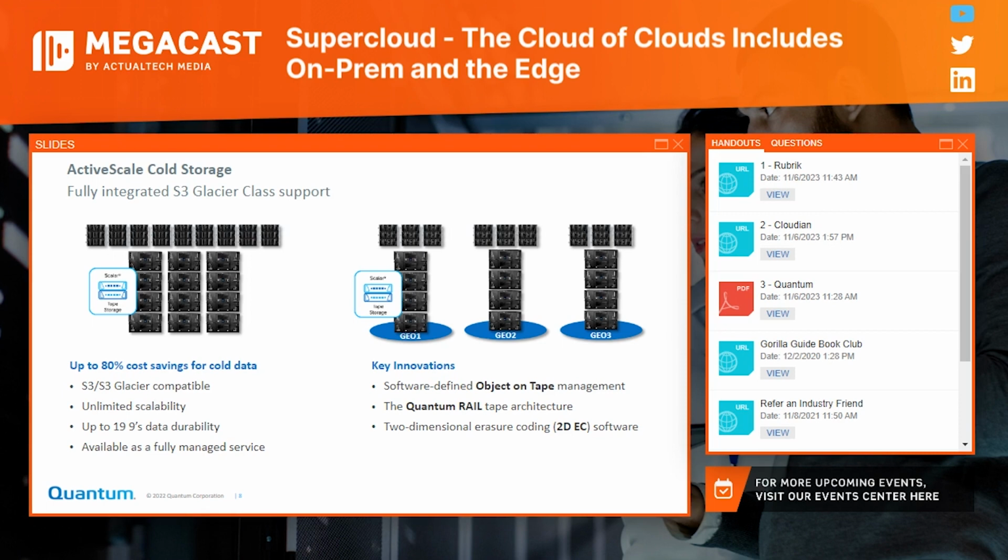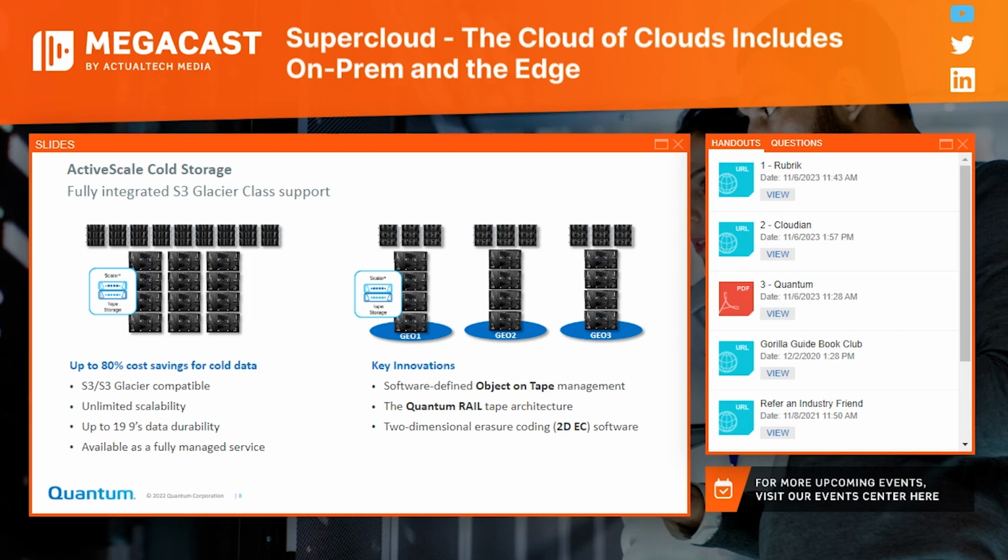And the beauty is that this solution provides totally software-defined object-on-tape management. Just like in your cloud deployments today, when you're using cloud storage and cold storage, there is a software abstraction layer where you don't even realize that tape resources are being used on the back end as the vehicle to store your data at very low cost.